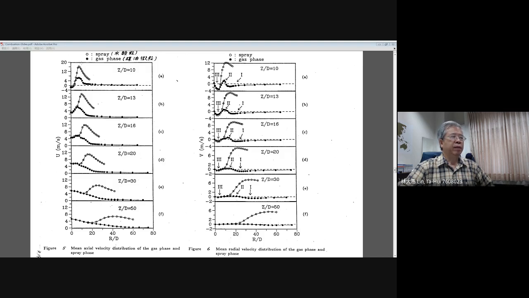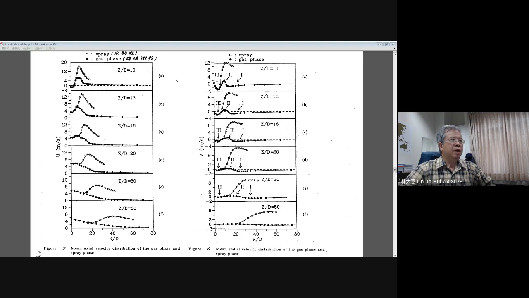You can imagine this as very close to the boundary of your spray cone, and later on they decrease. This kind of distribution continuously expands along the axial direction. So the maximum axial velocity is reduced, but it extends to a larger radial distance. Later on you will see the thickness of your spray cone become thicker on the downstream side.